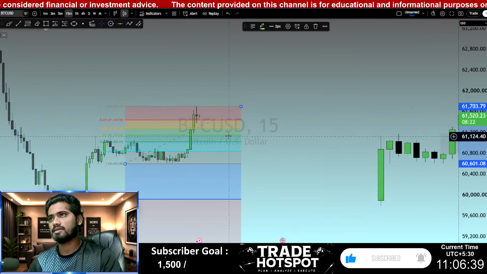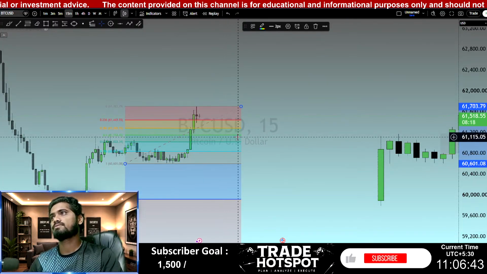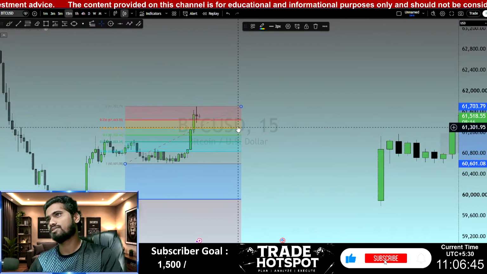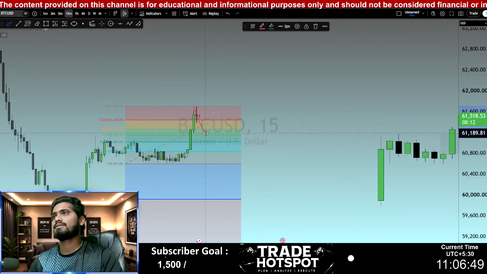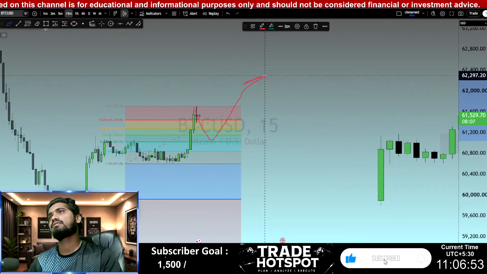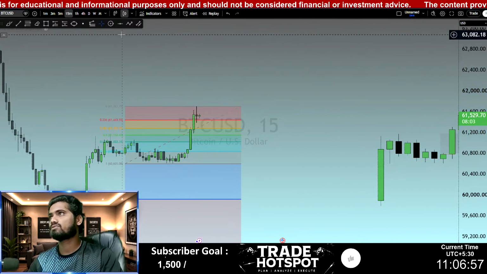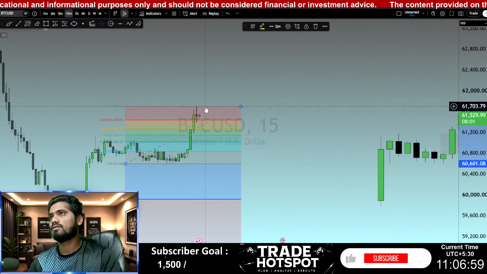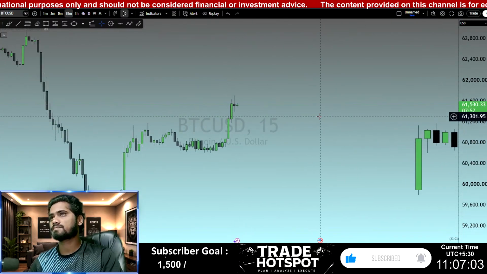Okay guys, it's near 61,000, the 0.5 or 0.6 level. Like that here, and then an upside movement in the BTC. So you have to wait for a retracement for buying in the BTC.